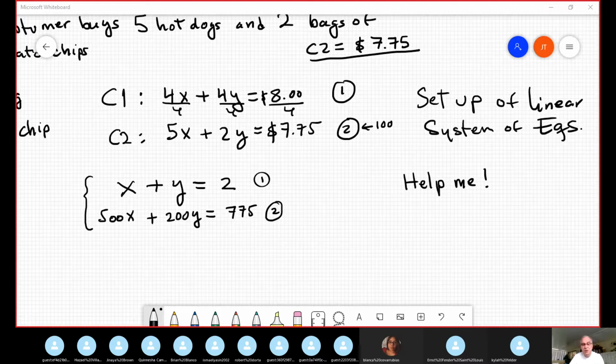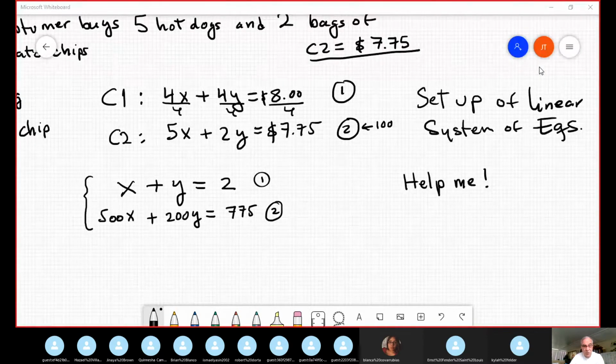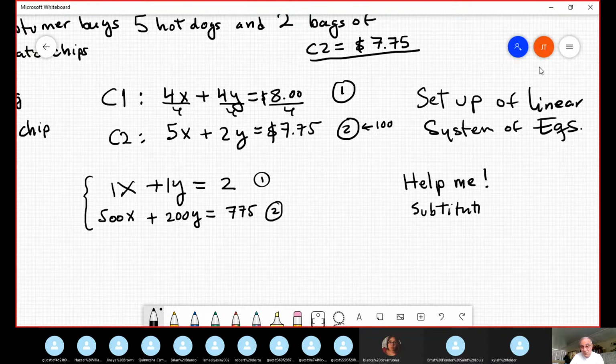Okay. When the coefficient in one equation is 1 or -1, I explain that substitution is the best way. Entonces you avoid the multiplication, the stupid multiplication by -500.